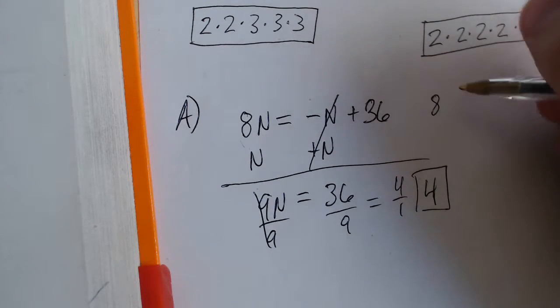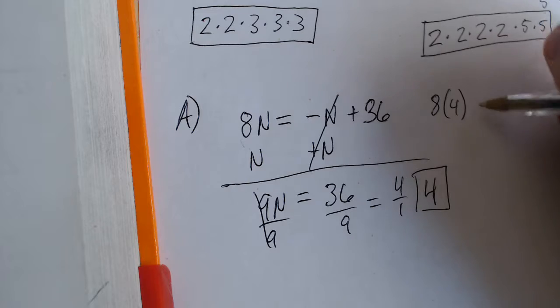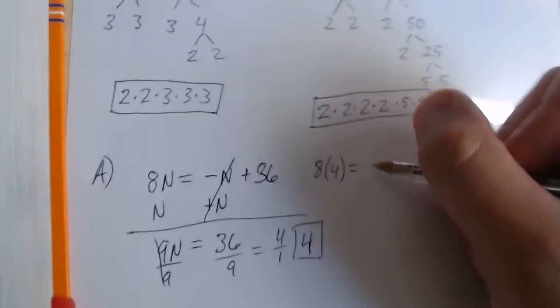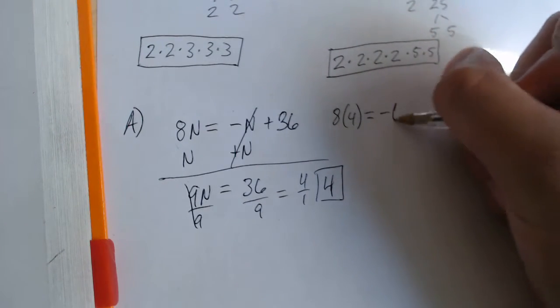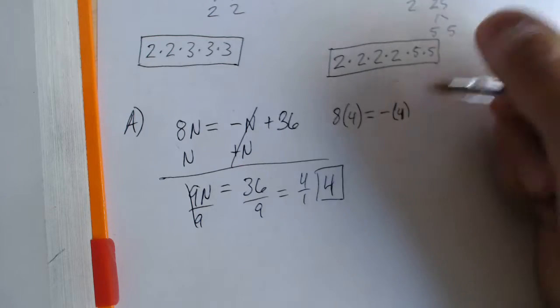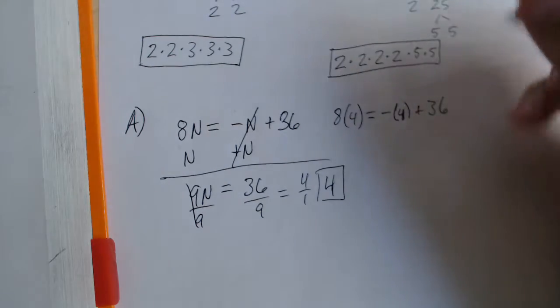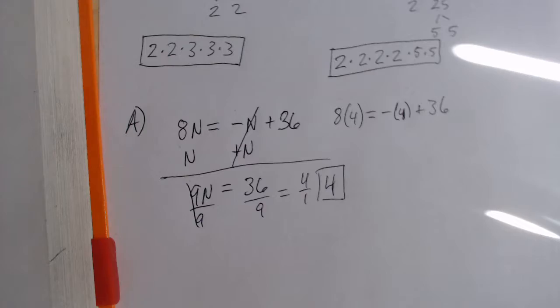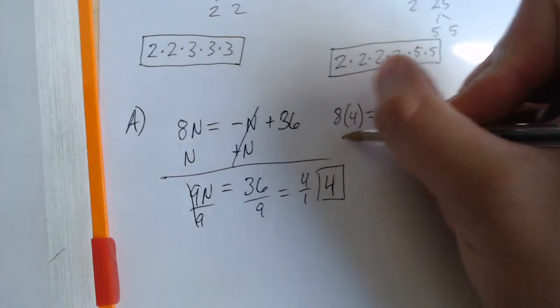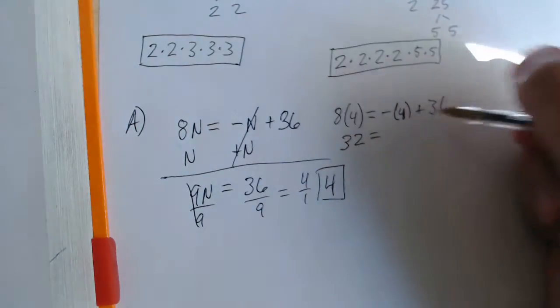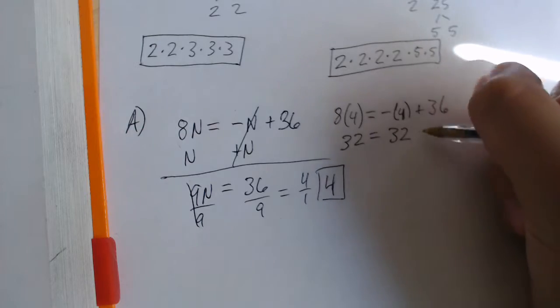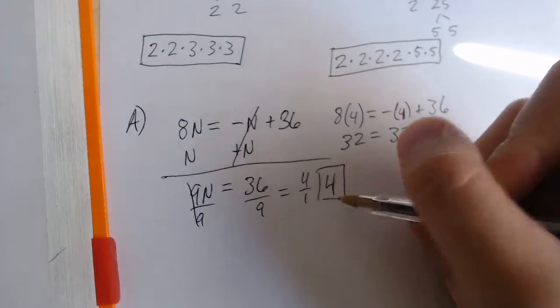So we'll put 8 times 4 equals negative 4 plus 36. 8 times 4 gives us 32. Negative 4 plus 36 also gives us 32. This checks out, which means that our answer 4 is correct.